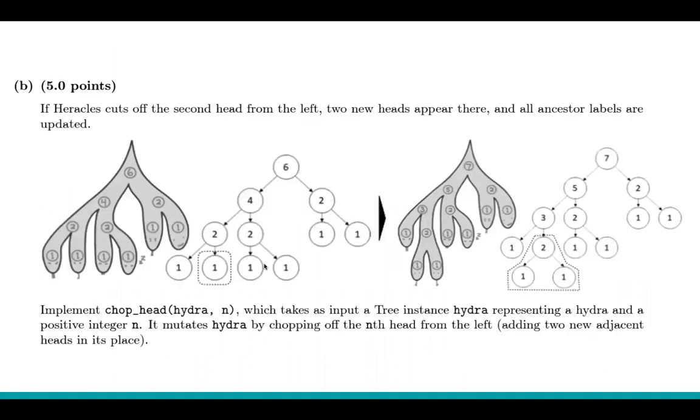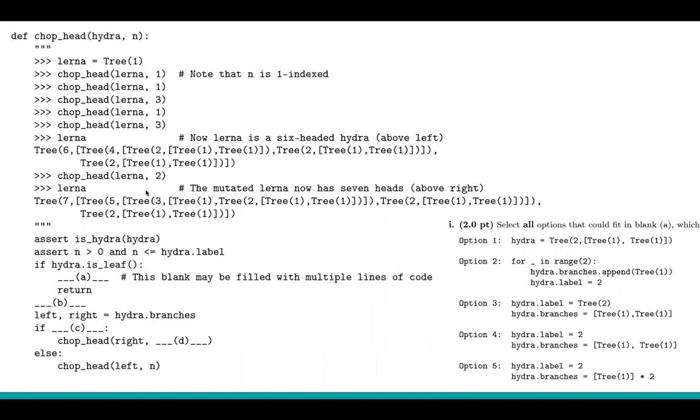So in this case, if n is equal to 6, you'd be chopping off this leaf here. However, if n is equal to 7, then you wouldn't run the function anyway. Okay, it takes around 6 to 7 minutes to work on this question.